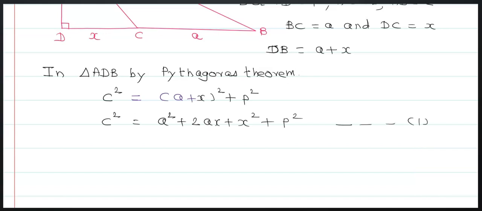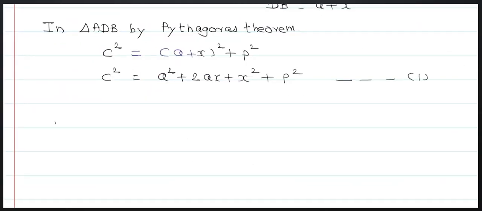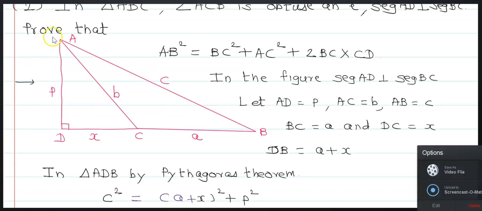This is one. Now we will substitute the value of P. Similarly, in triangle ADC, the measure of angle ADC is 90, that is AC square is equal to P square plus X square.